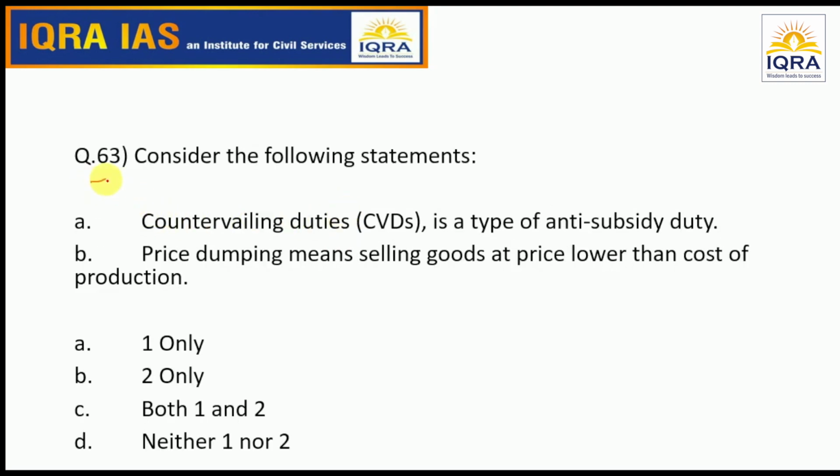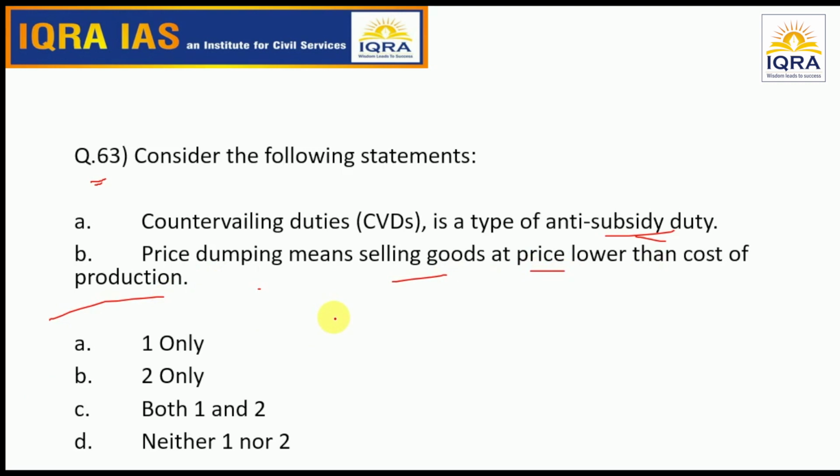Question number 63. Consider the following statements. Countervailing duties is a type of anti-subsidy duty. Price dumping means selling goods at a price lower than the cost of production. So obviously this is definitely an anti-subsidy duty. I think this is correct.